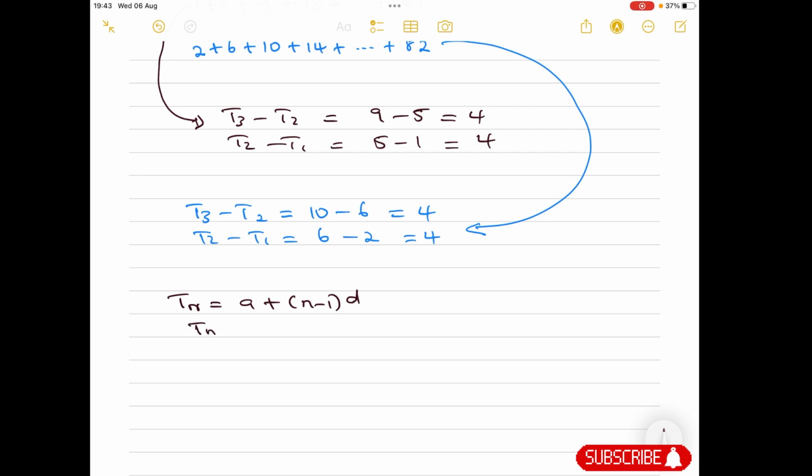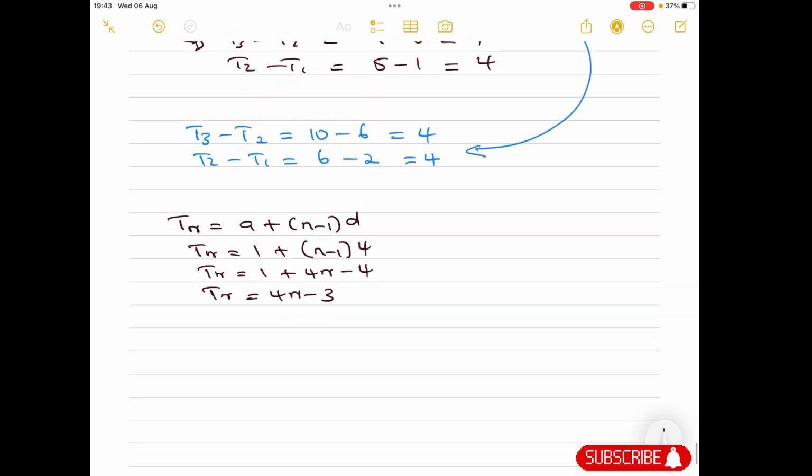So Tn, in this case, the first term is what? It is 1 plus (n minus 1), and the difference is 4. So Tn is equal to 1 plus 4n minus what? Minus 4. So Tn is equal to 4n minus 3. Okay, I'm done with this one.